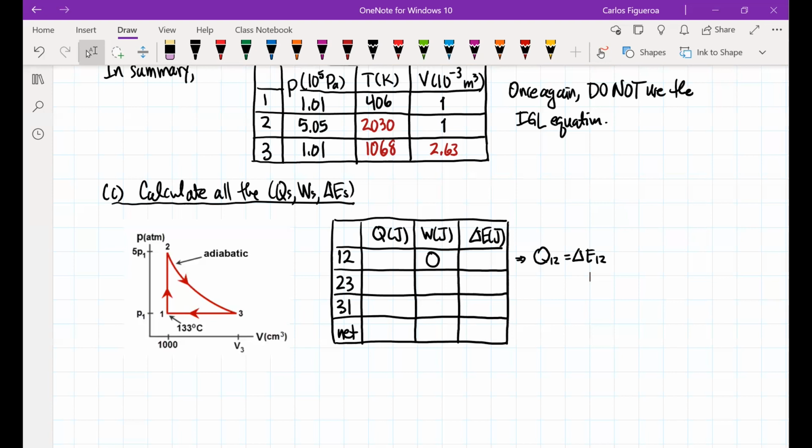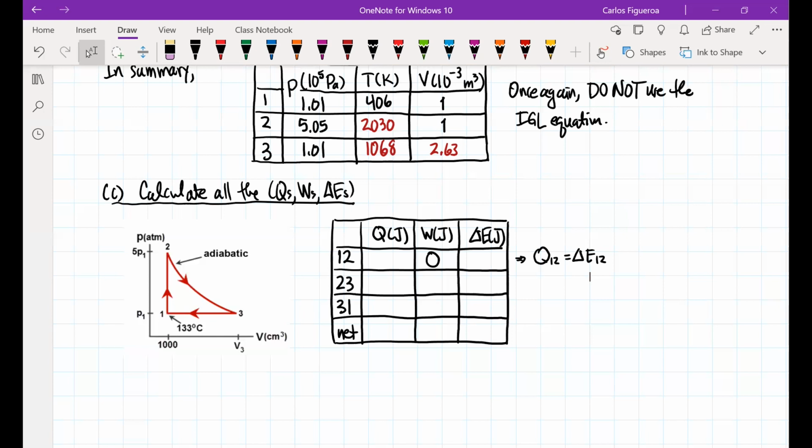The first thing I want to do is note that I need this area right here, and that's just the area of a rectangle. Let's compute that. Because it's a compression, we know that the work between 3 and 1 has to be positive. And then I need the area of that rectangle.